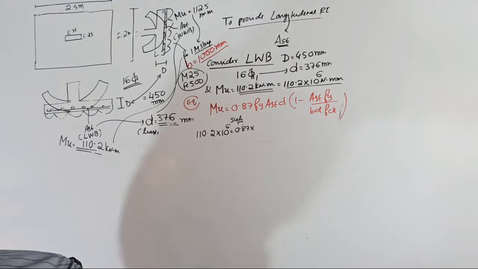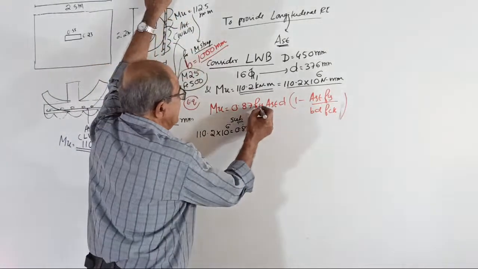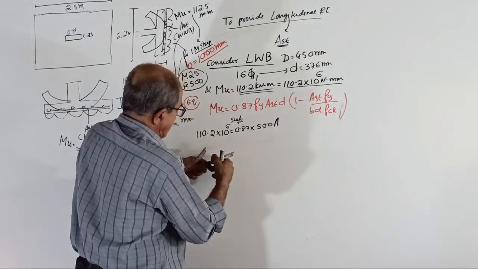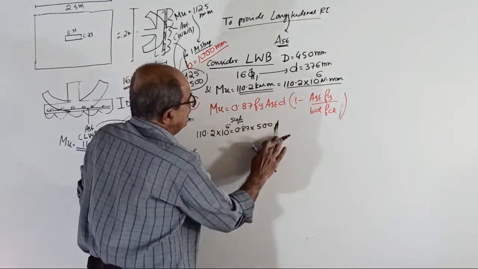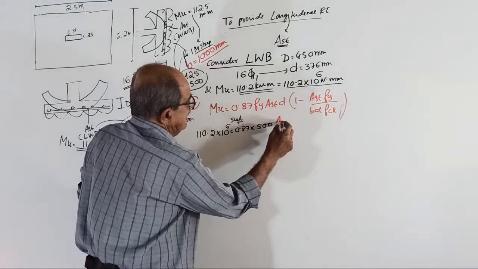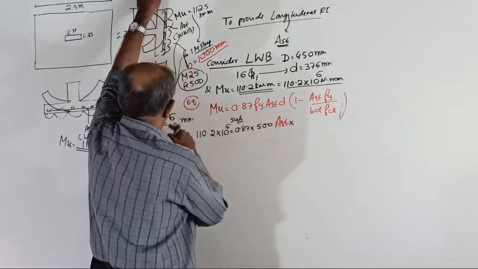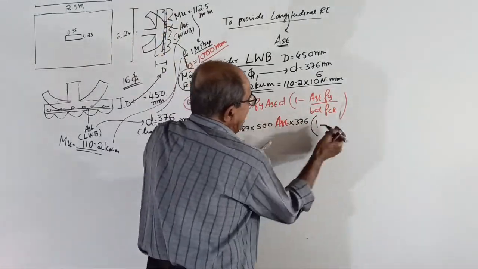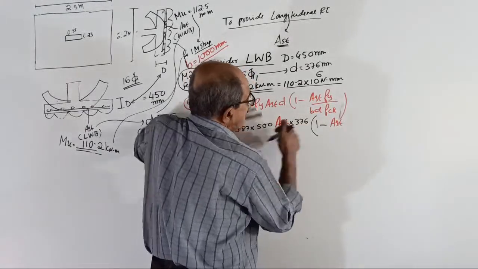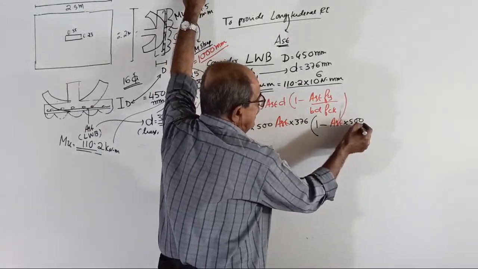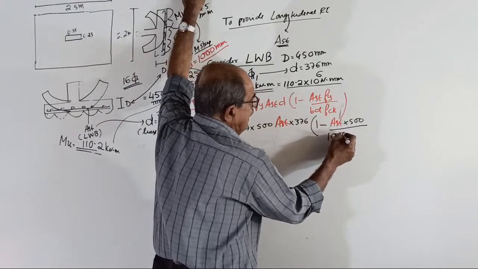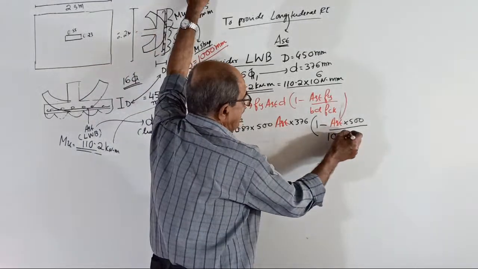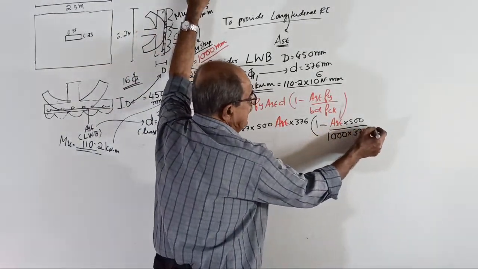Then 0.87 into fy 500 into AST, AST is the unknown. Remember, AST is the unknown. Into d is 376 into bracket 1 minus, once again, AST into fy 500 divided by b is 1000. Why? Because this bending moment is for a 1 meter strip. d is 376, fck is 25.